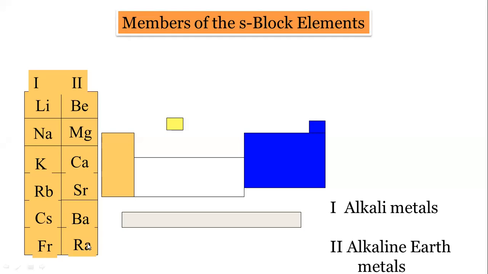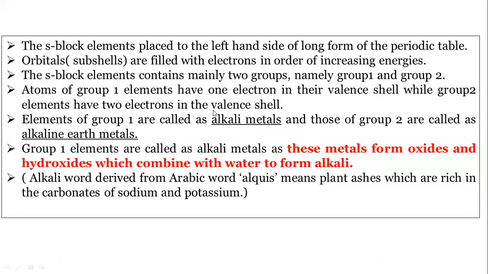This is a radioactive element. So one by one, we will discuss the group 1 elements and then the group 2 elements. So this is a general introduction about the S block elements. S block elements are placed on the left hand side of the periodic table. If you see the periodic table, you will find these are kept on the extreme left hand side.